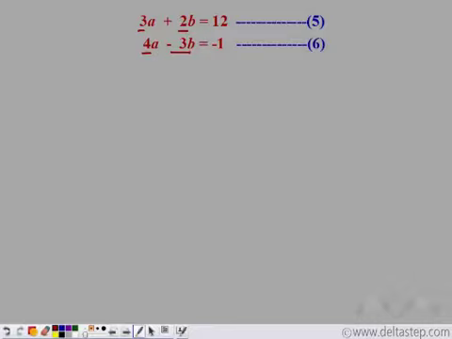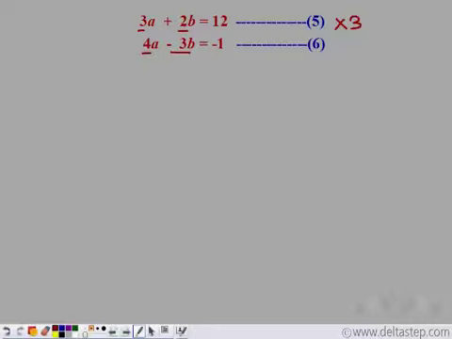The LCM of 2 and 3 is 6. We need to have 6 here. So, we should multiply this equation by 3 in order to get a 6 here.